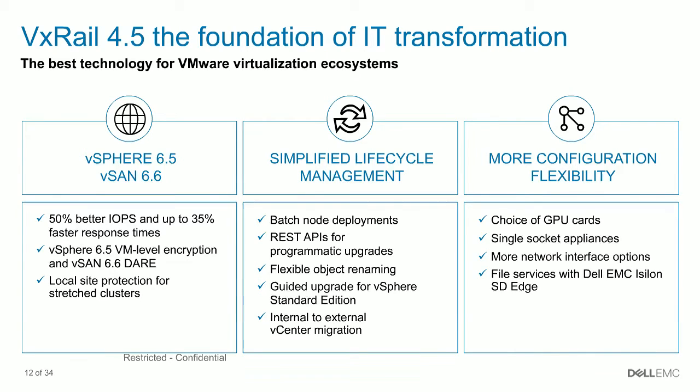There is security as well. vSAN now includes data-at-rest encryption, also known as DARE. Customers can choose VM-level vSphere encryption or native HCI data-at-rest encryption through vSAN. vSAN's version of DARE is native to HCI and is set at the cluster level for broad protection. Continuing on the protection theme, there is now local site protection for stretched cluster support also.